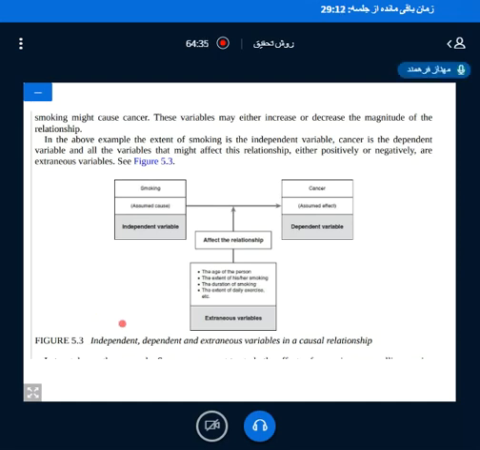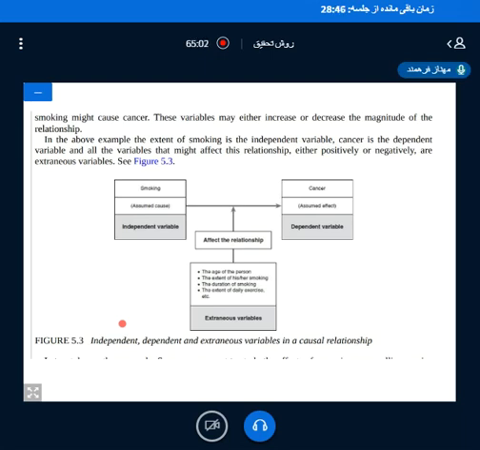Okay, the last part we are going to study today is this chart: smoking and cancer. You can see this example. I put the examples and the charts here for you for better understanding. So, smoking might cause cancer.